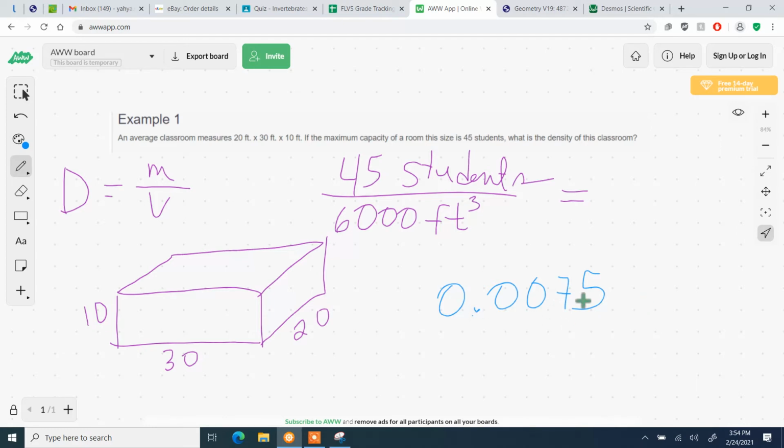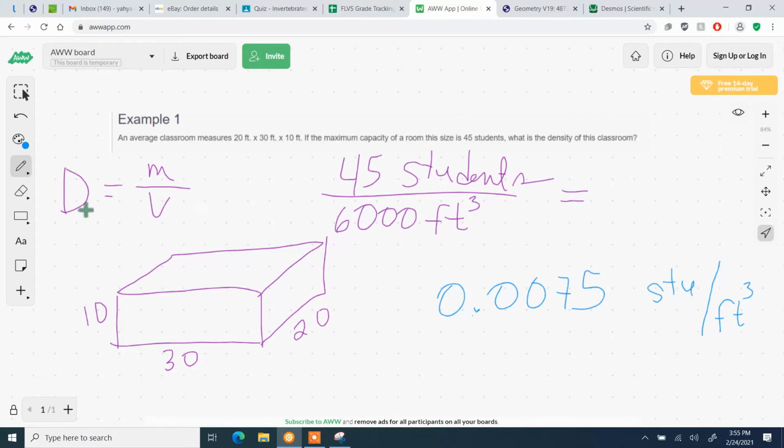Now, what are going to be the units of this number? I take a look at the units, so it's going to be students per cubic foot. So there's 0.0075 students per cubic foot.